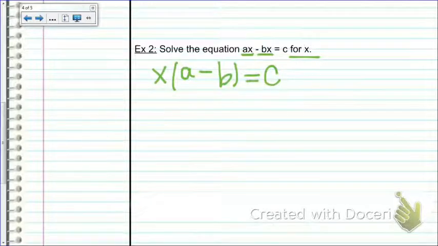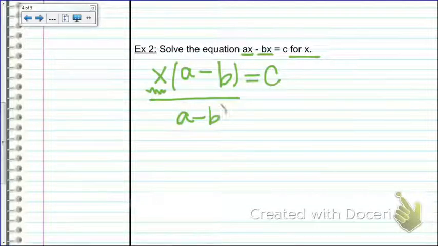Now, I want to isolate x, meaning I want to get that x by itself. Currently, x is being multiplied by the quantity of a minus b. What is the inverse operation of multiplication, Brianna? Division. So we divide both sides by the quantity of a minus b.